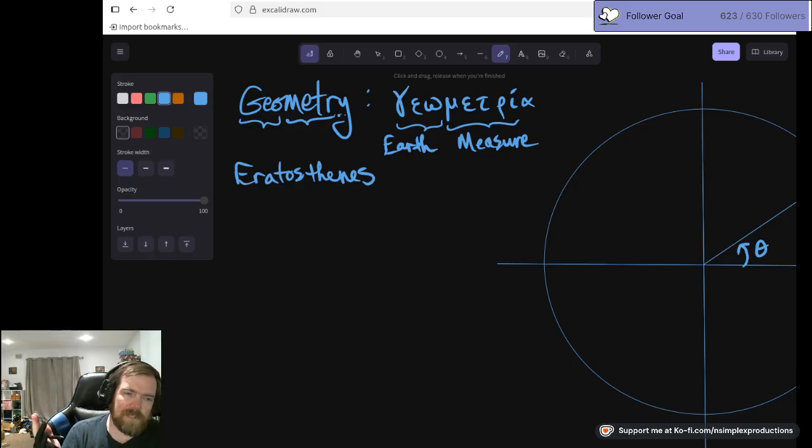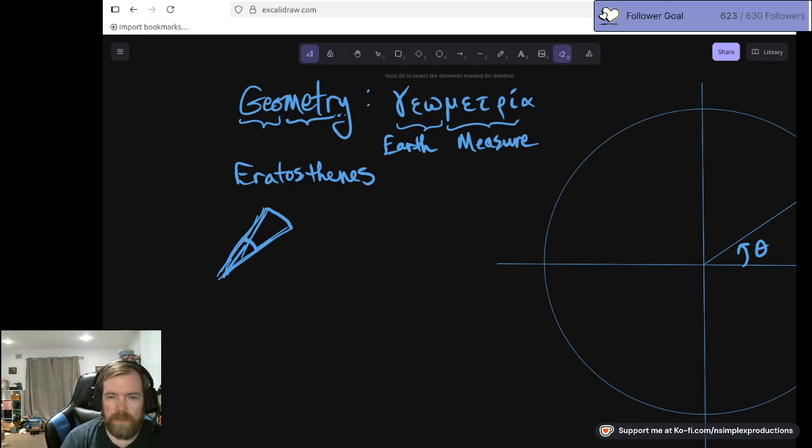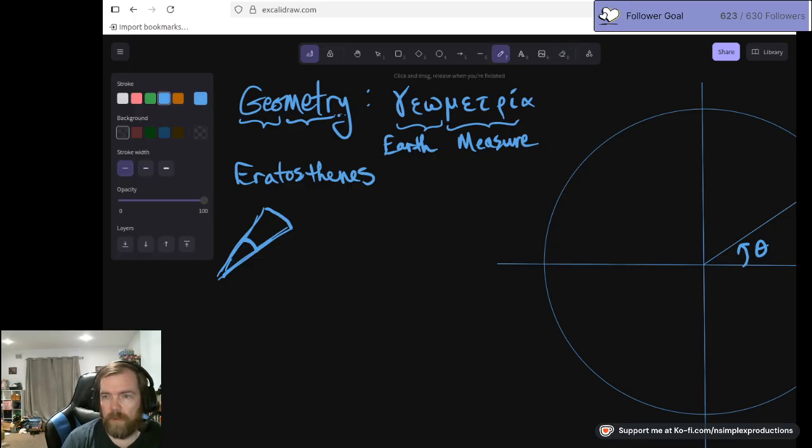So they measured angles to the sun and were able to figure out the angle of the Earth, and because of that, they knew what the arc length was. They were able to figure out the whole size of the Earth from that.